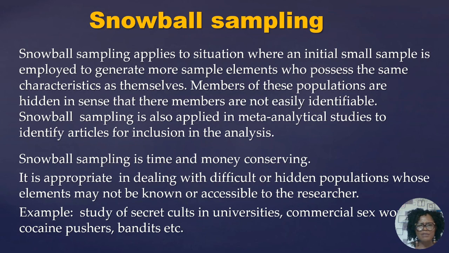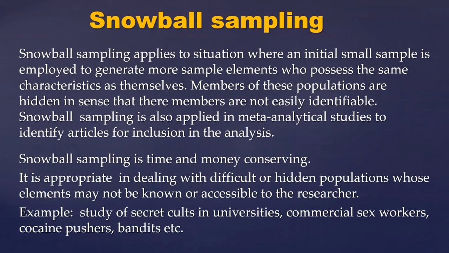Snowball sampling applies to situations where an initial small sample is employed to generate more sample elements who possess the same characteristics as themselves. Members of these populations are hidden in the sense that they are not easily identifiable.